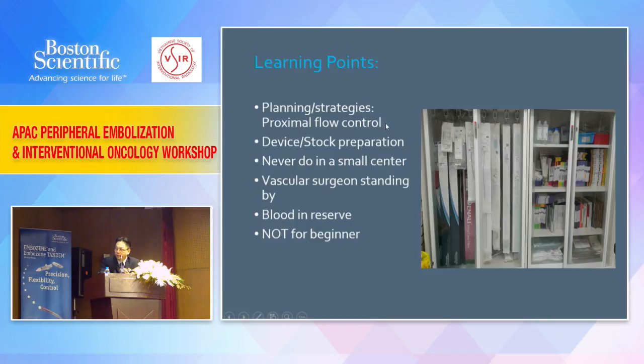The learning point is planning strategy, proximal flow control, device stock preparation. Never do this in a small center. You must have your team with you at all times, and you have blood in reserve, and definitely not for a beginner. These are the things I would like to emphasize, and even I have to admit, sometimes I also got caught in a tight shoe.